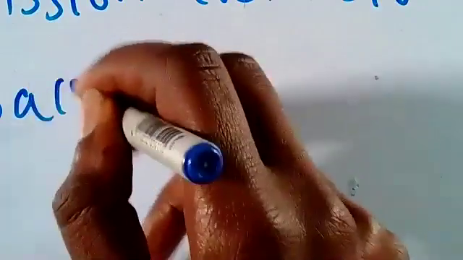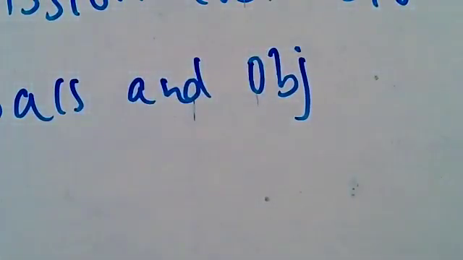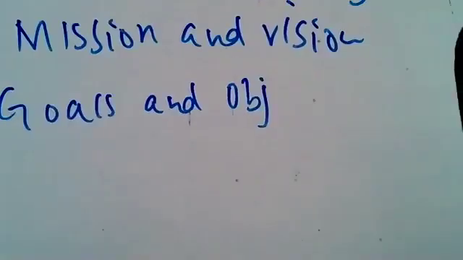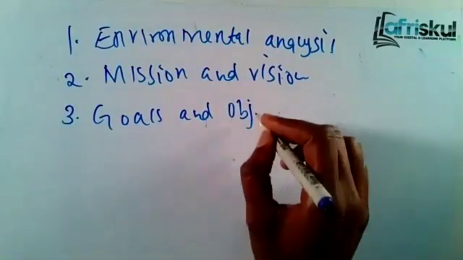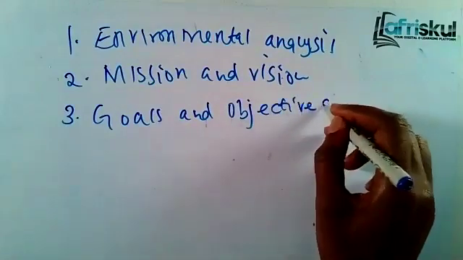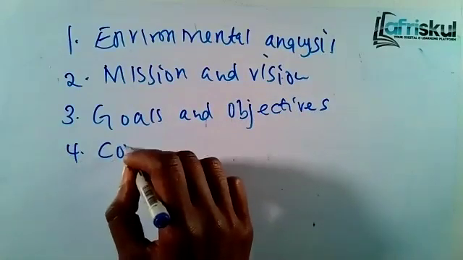The second step is coming up with the mission and vision of our business. Then we also come up with goals and objectives. And once we come up with goals and objectives, then we also come up with corporate and business strategies.